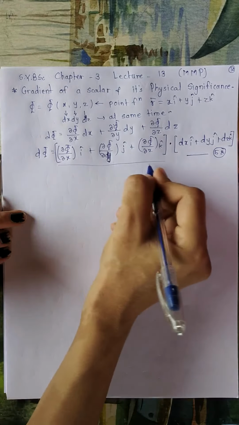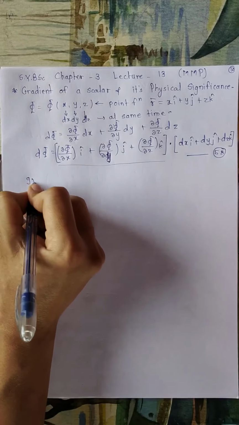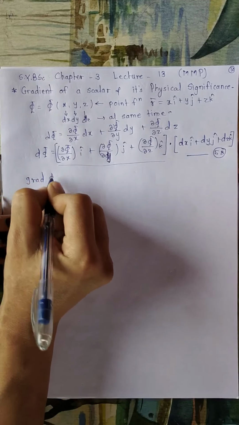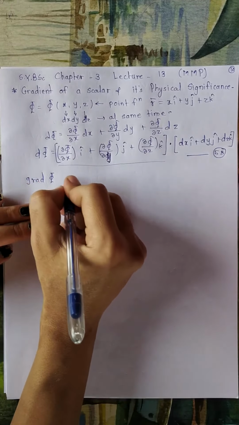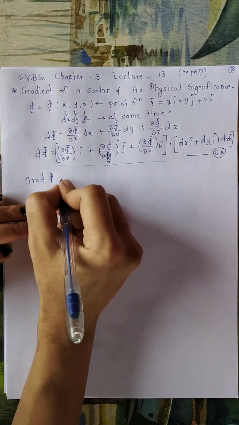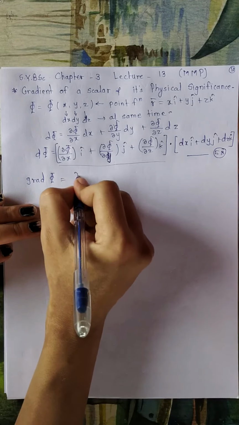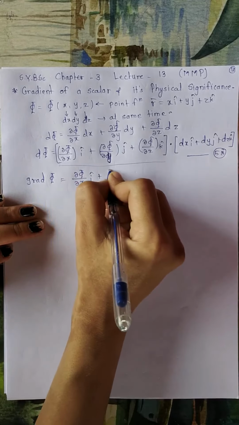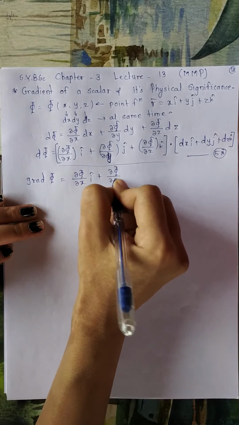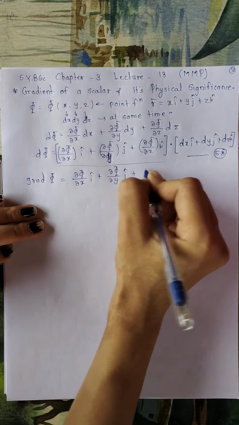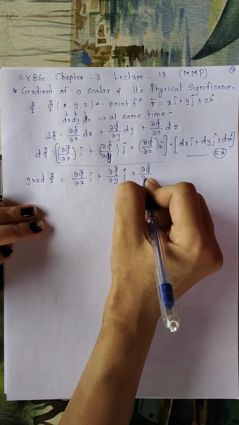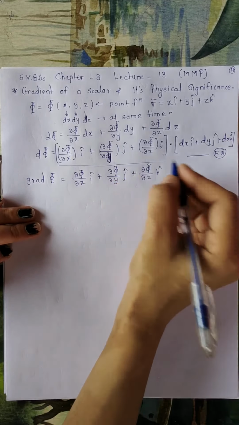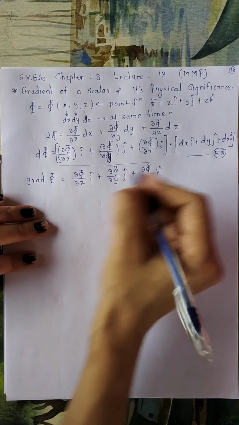I can define this bracket as grad phi, or it is also denoted by del phi, which will be equal to dou phi upon dou x i cap plus dou phi upon dou y j cap plus dou phi upon dou z k cap, which we are going to call del phi.